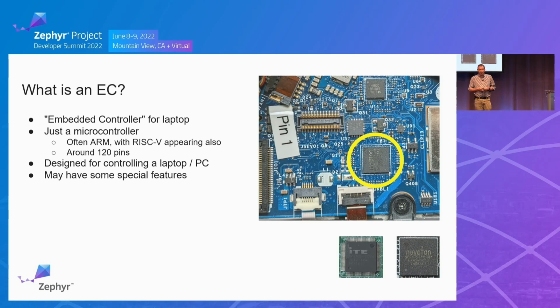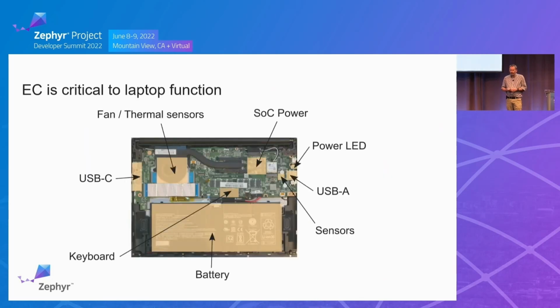So the EC's physical size depends on the space constraints within the laptop. It has some special features, such as an LPC bus for talking to an Intel AP. But other than those, as I said, it is really just an embedded microcontroller. So let's look inside a typical laptop and see what pieces the EC controls.